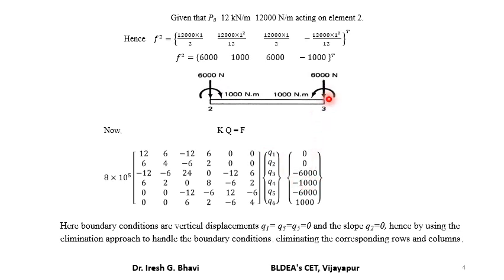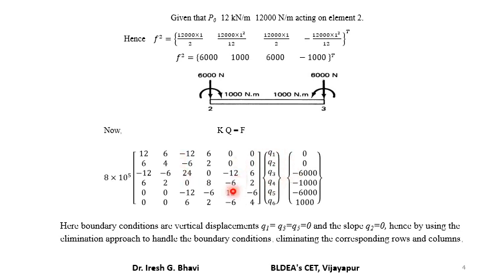Then at node 3 again there is a downward force of 6,000 Newton, hence F5 is equal to minus 6,000, and an anti-clockwise couple of 1,000 Newton meter, as it is anti-clockwise it is positive, hence plus 1,000. Okay, this is the equilibrium equation.